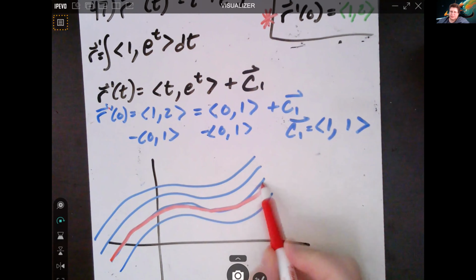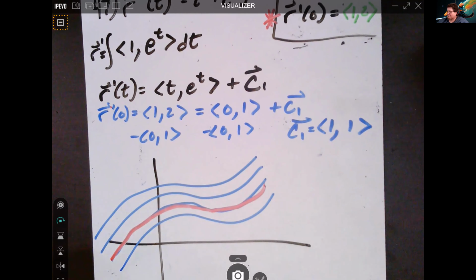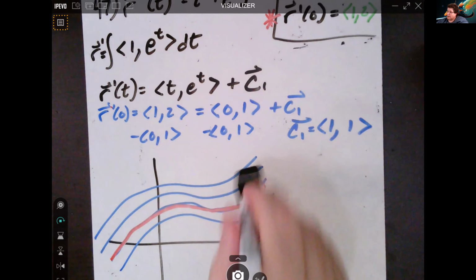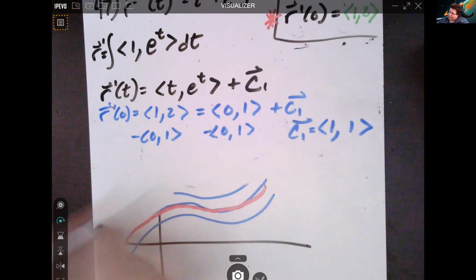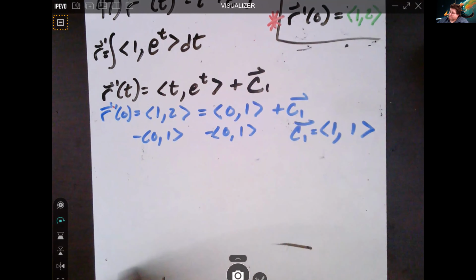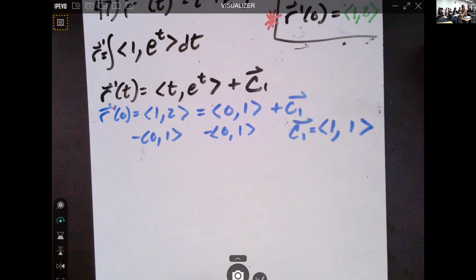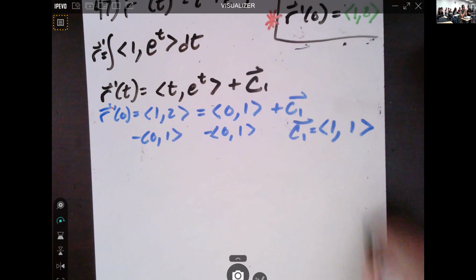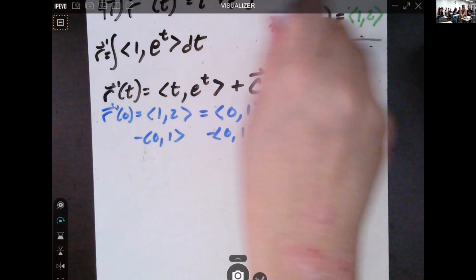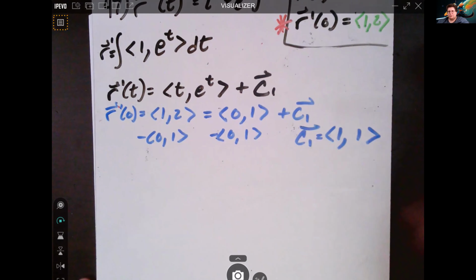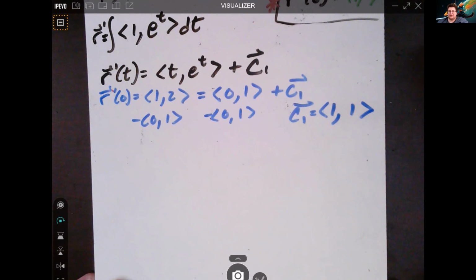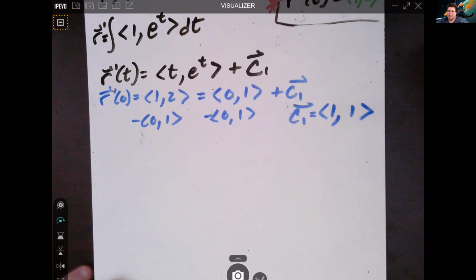So the initial condition selects out which one of the family of curves you have. So we kind of need it to go forward. Well, that can happen in 3D too, so there'd be a bunch of curves infinitely in every direction. That's not helpful though. You don't want a bunch of infinite curves. We generally want one for real life applications.